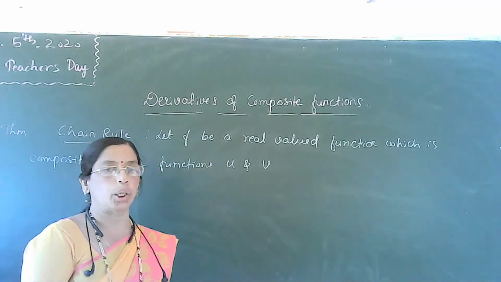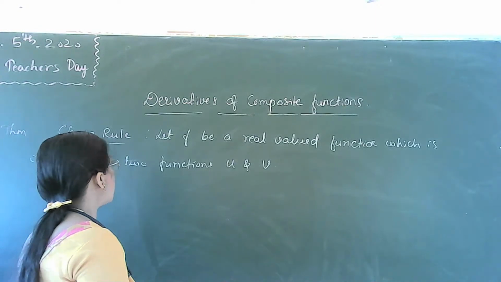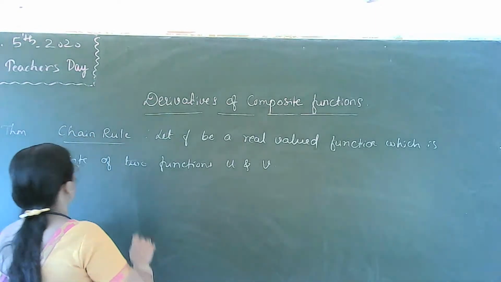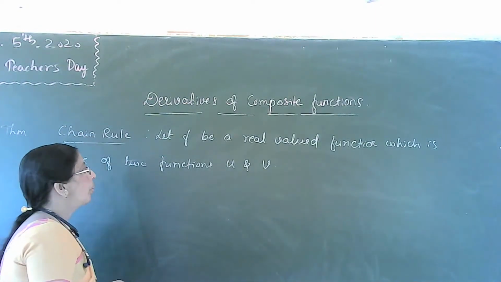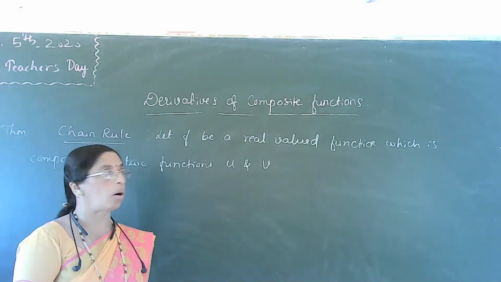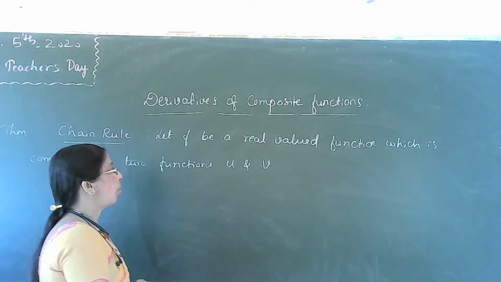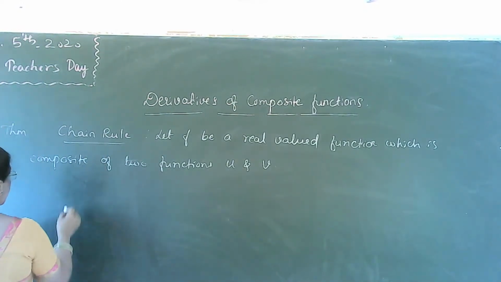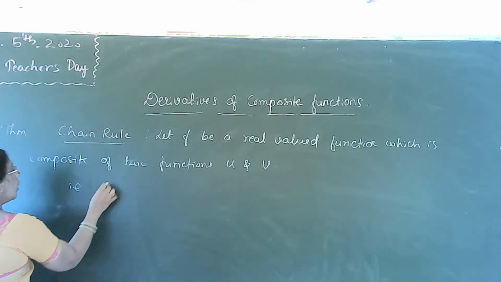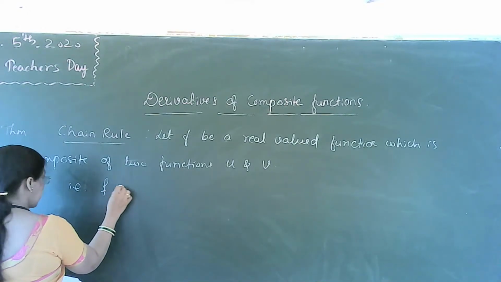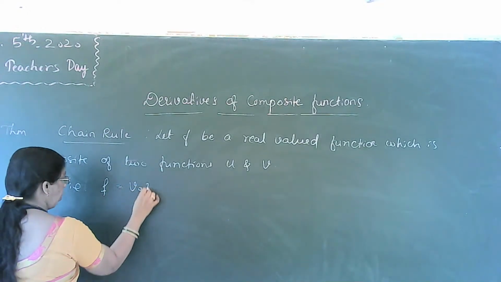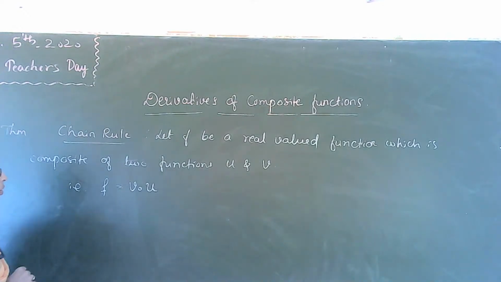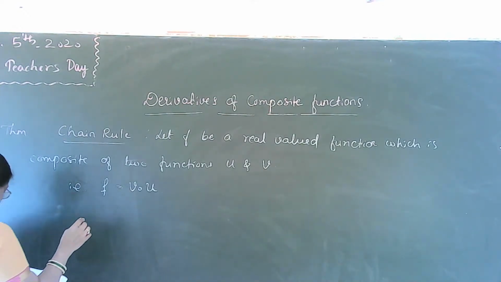Here u and v are the two functions. Here f is a real valued function, a composite function of u and v. That is, f of x is equal to v of u of x.